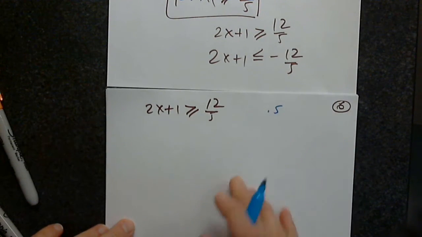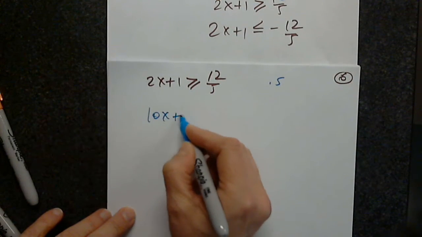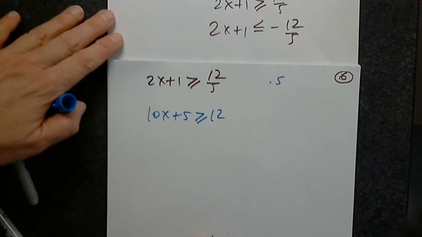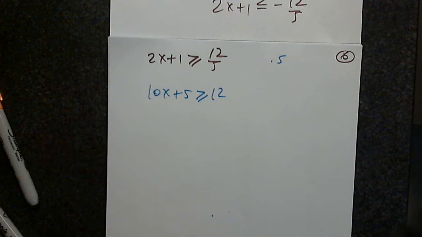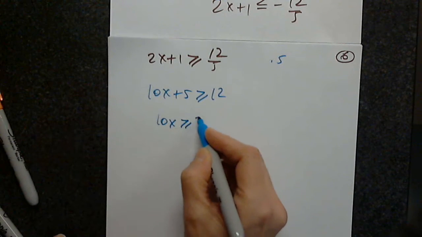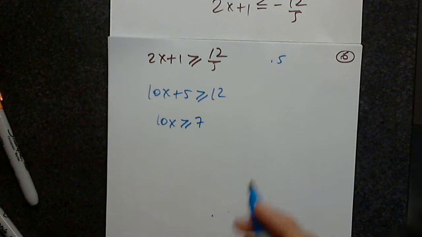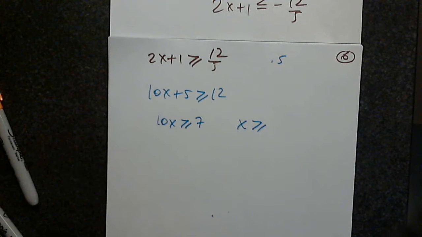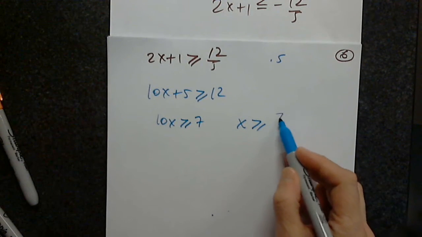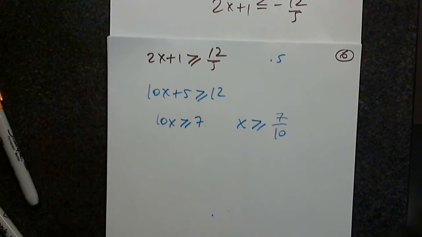So let's multiply everything by 5. So 10x plus 5 greater than or equal to 12. And then you will move 5, correct? So 10x greater than or equal to 7. And then you have x greater than or equal to 7 over 10.